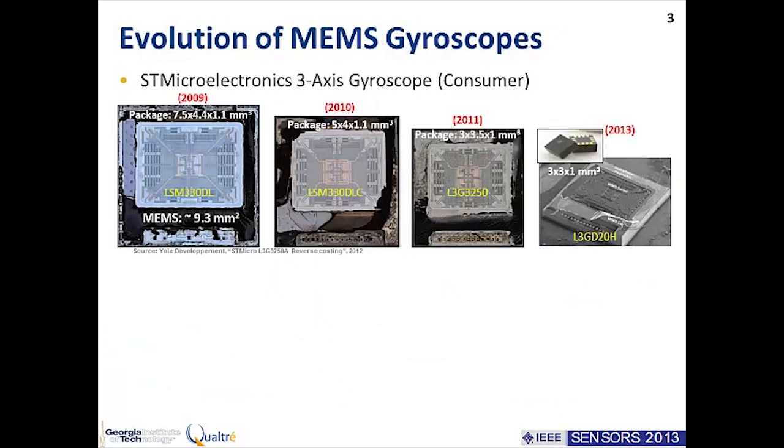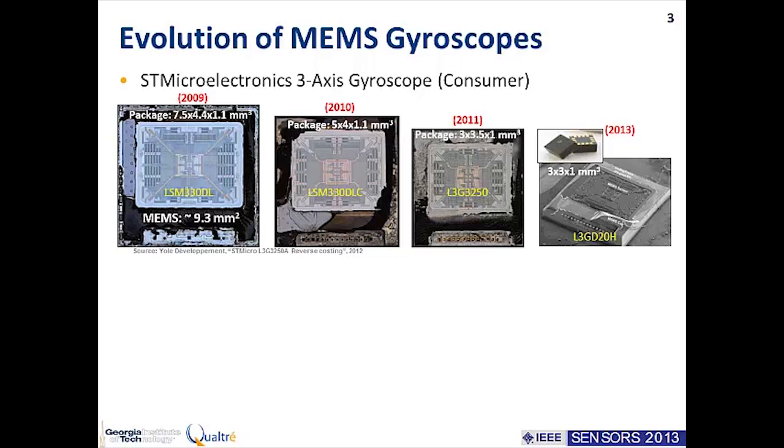Now, in order to get a better understanding of where gyroscopes are today in terms of performance, it's always good to take a look back at how this type of structures have evolved. In this particular example, we can see a gyro from the consumer space, the STMicroelectronics gyro. One thing to note here is that one of the parameters that has evolved over time is size.